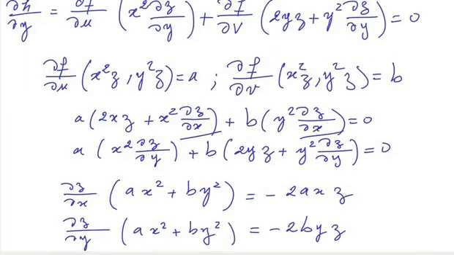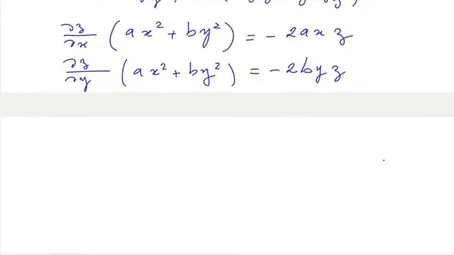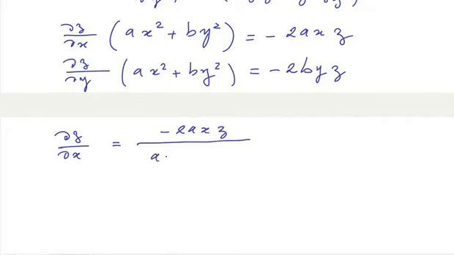And finally, we obtain the following partial derivatives. We have the derivative of z with respect to x, which is equal to minus 2axz divided by ax² plus by².